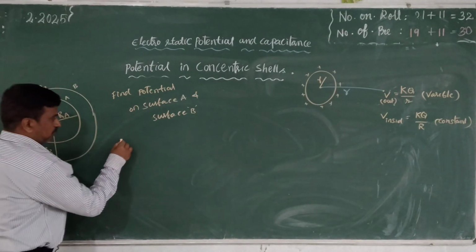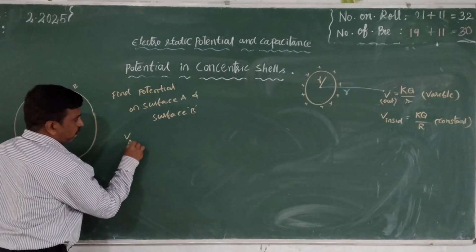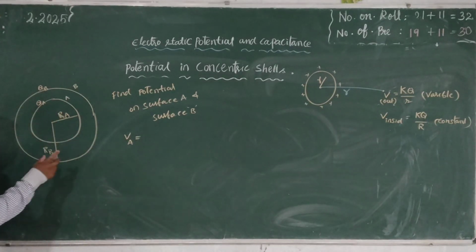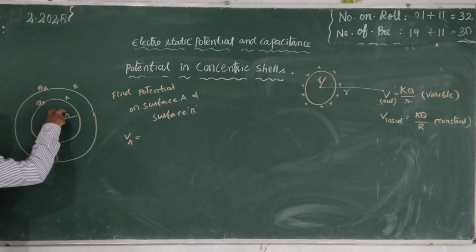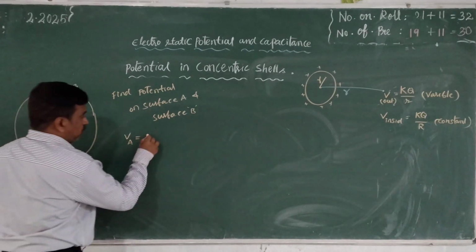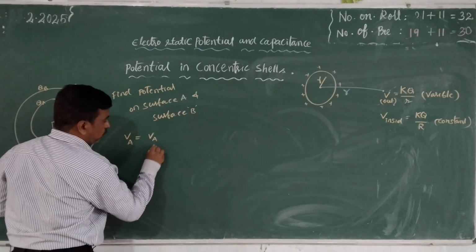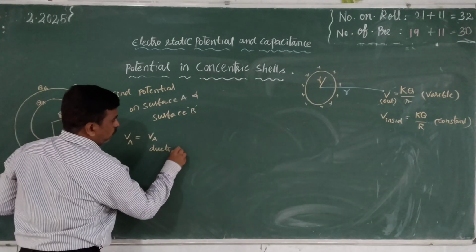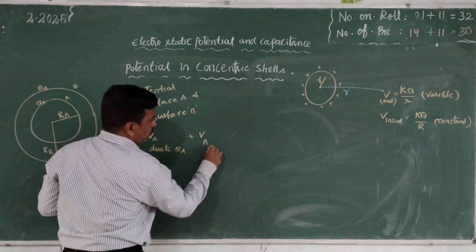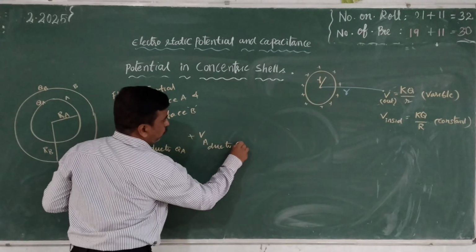First, we write the potential on surface A. Due to two spheres there, with radii Ra and Rb and charges Qa and Qb, the potential on A is due to Qa and due to Qb.